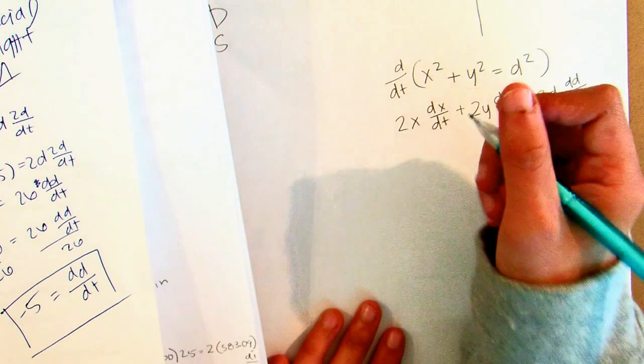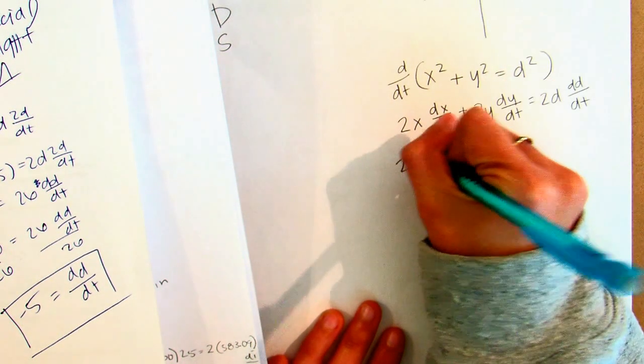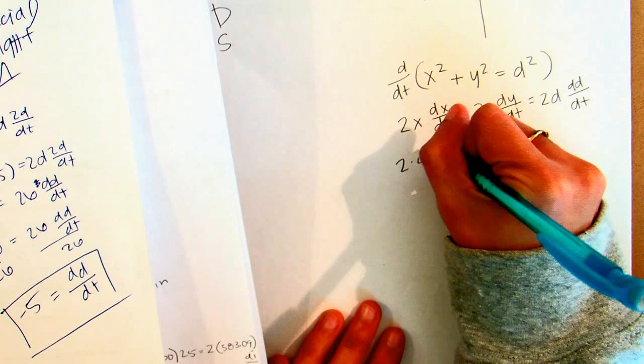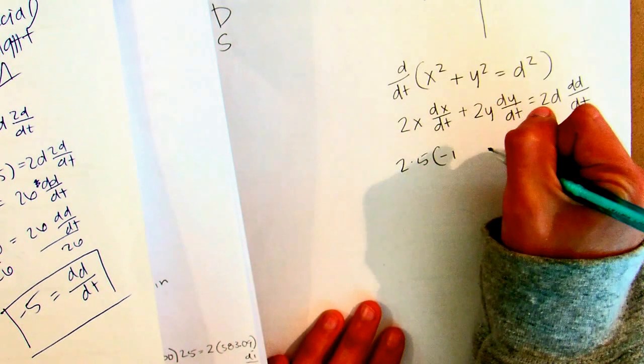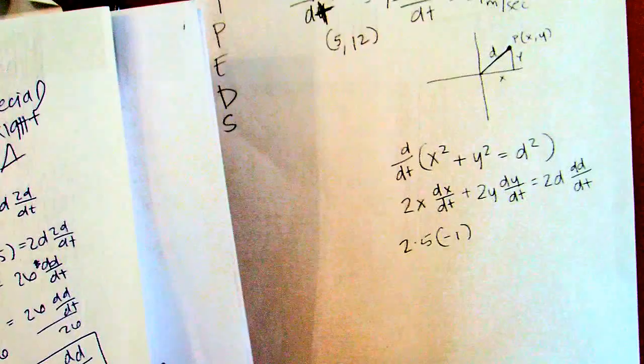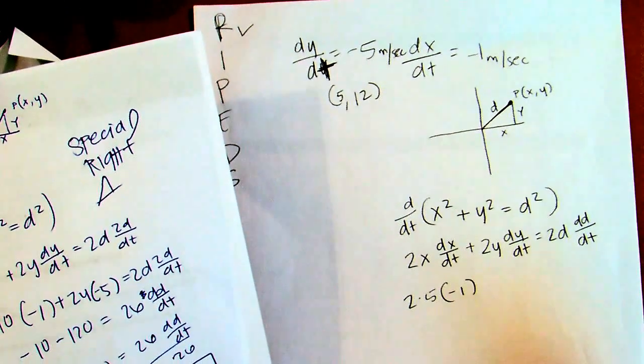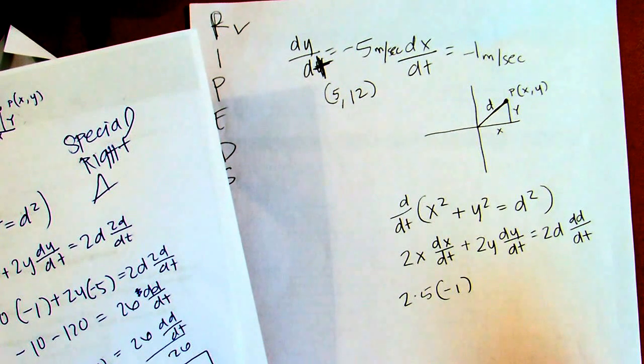So that's going to be 2 times 5 times -1. And then how did you know x was 5? Because in our givens, it's right here, right? Yeah. Okay.